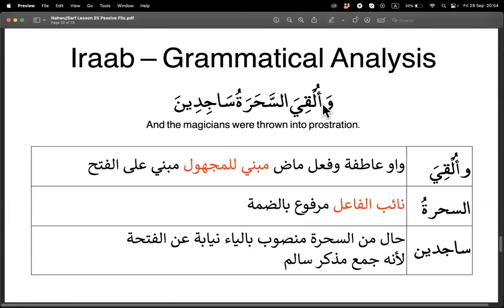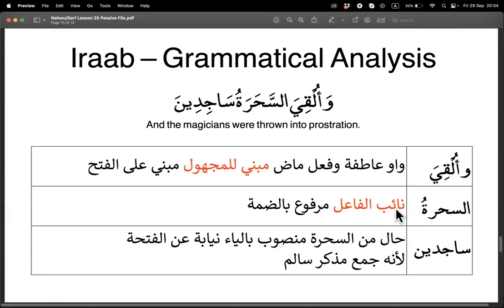So when we do the i'rab, we say fi'il madi, mabni ala al-fath. That's what we always say, right? So it's still there, fi'il madi, mabni ala al-fath, but before you say mabni ala al-fath, you add mabni lil majhul. And then instead of saying as-saharatu is the fa'il, you say it's naibul fa'il.